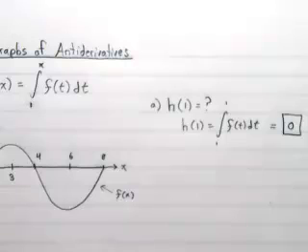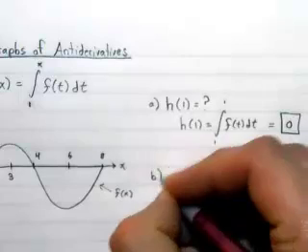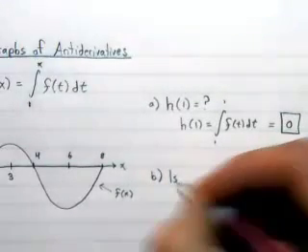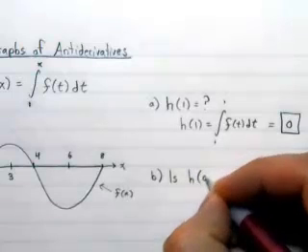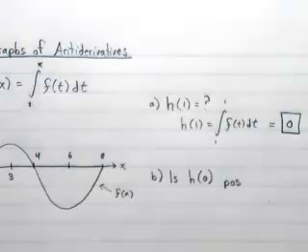F of 1 would be talking about the y value on the curve. Okay? So keep that in mind. Nope. It's f of x.